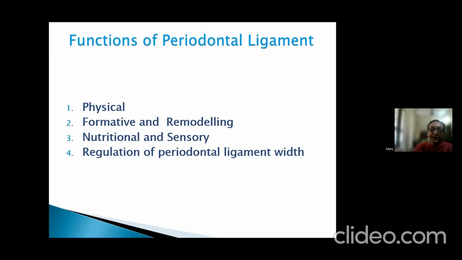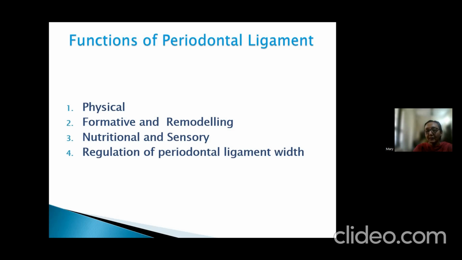Then what could be the other functions? It helps in transmission of occlusal forces, which could be the masticatory forces, or any other forces, biting forces, to the alveolar bone. Also, it helps in providing a resistance to impact or rather larger occlusal force.